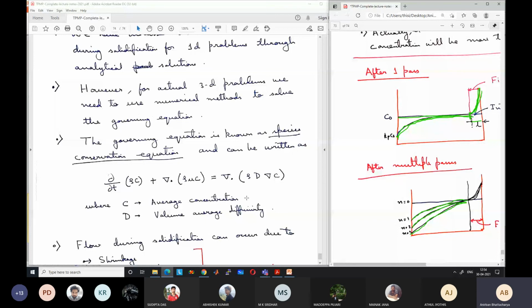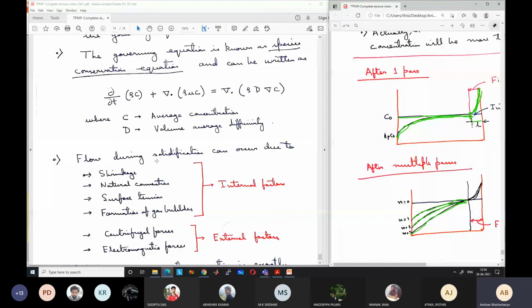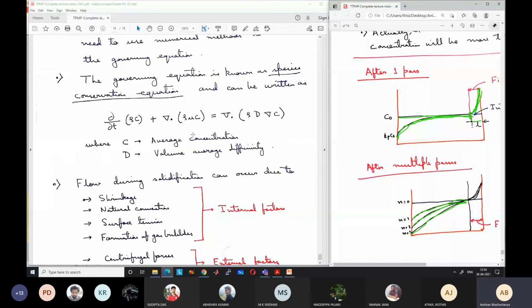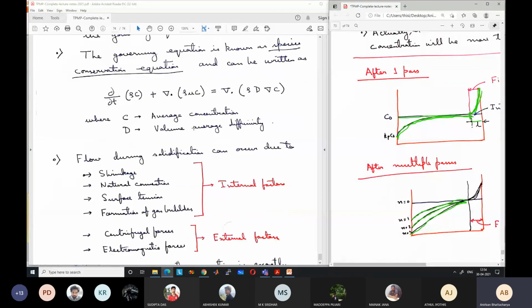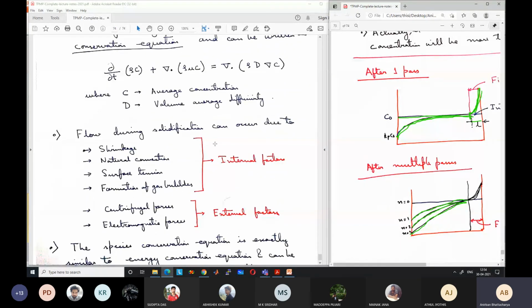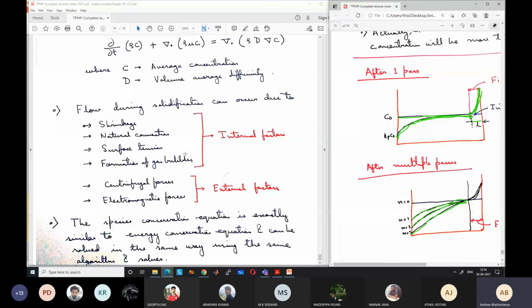Now in a real-life scenario we will also have flow in the domain. We have not studied anything about flow in these simple processes, but there will be flow in the domain, and this flow can occur due to various factors. What can be the factors? One can be that shrinkage will occur. In real life, the solid has lower volume, meaning higher density, as compared to the liquid.